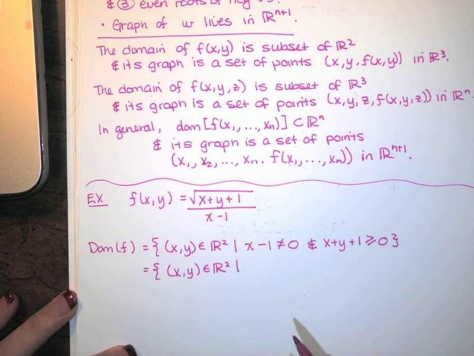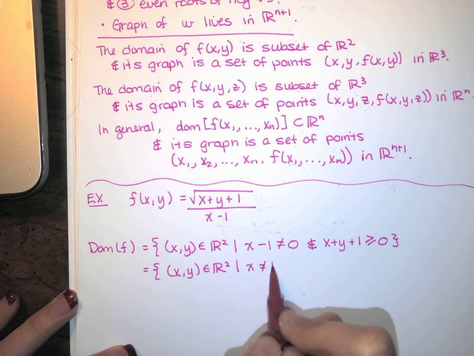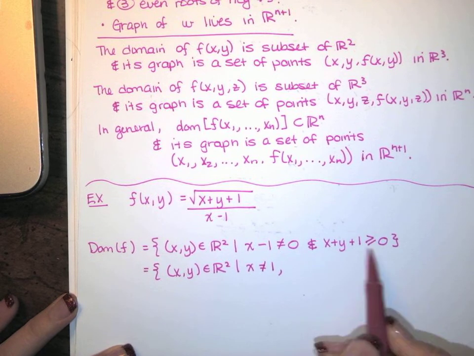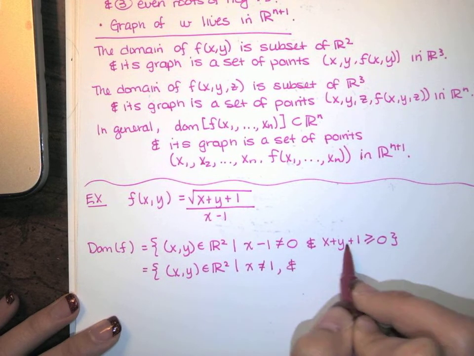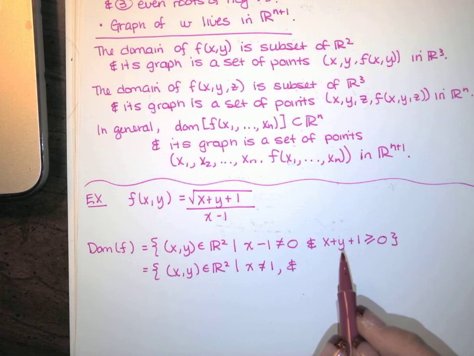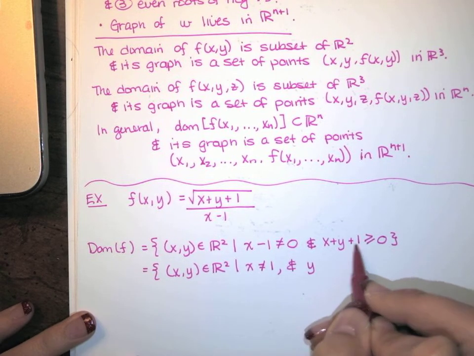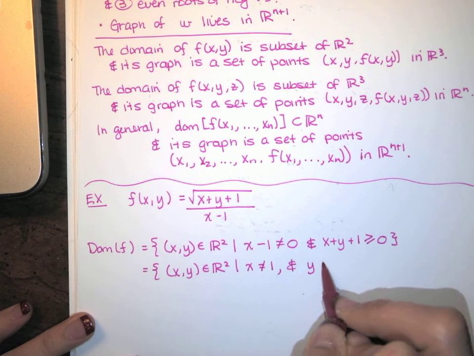If I rearrange this, getting x by itself, I see that x cannot equal 1. And over here, just because it looks linear, I've got a y to the first and an x to the first and a constant, I'm going to rearrange this linear inequality to get y by itself. So I'll have y on this side and I'll subtract the x and the 1 from both sides.